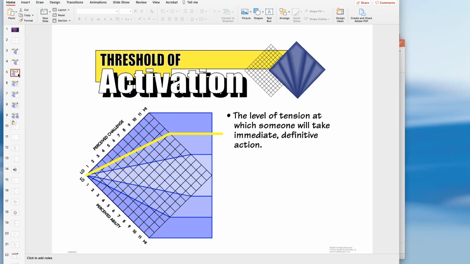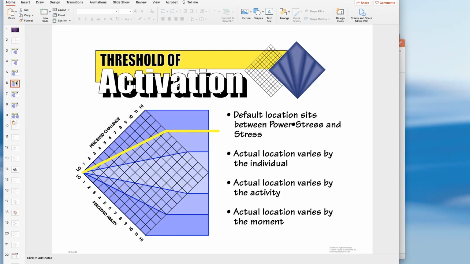We've always said that the default location of the threshold of activation sits between power stress and stress. That is not necessarily the case. The actual location of the threshold varies by the individual, by the activity, and by the moment in time.